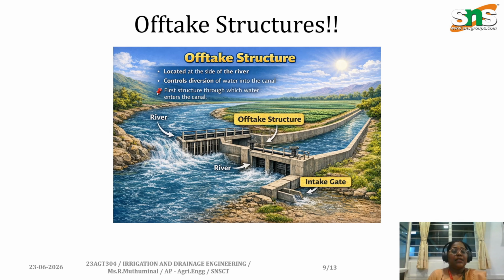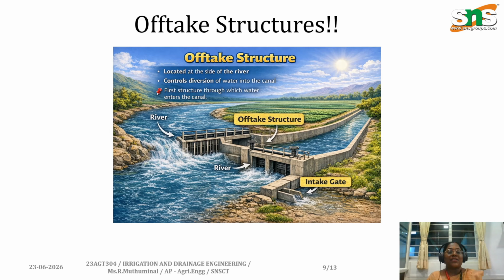Now let us see what the offtake structure does. It is located at the side of the river, and it helps us to control the diversion of water into the canal, the first structure through which the water enters the canal. Here is where the fish ladder is also available. Fish migration is essential for maintaining the ecological balance of rivers.